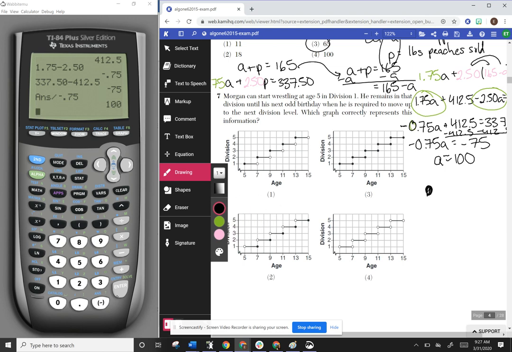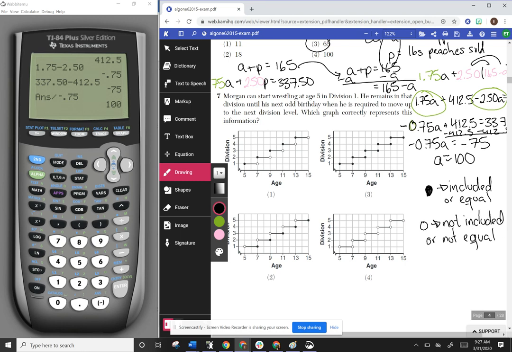A closed circle is included, or equal. So if there is a closed circle, that means it is equal to that number at that point. An open circle means not included, or not equal.